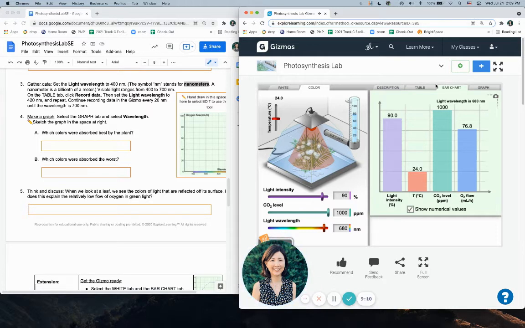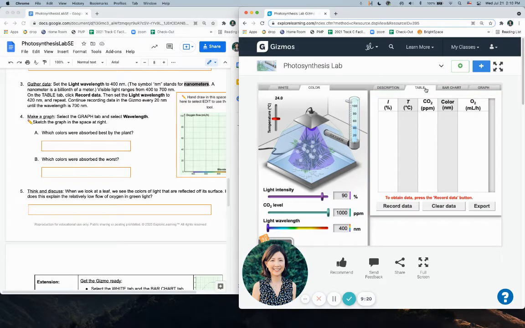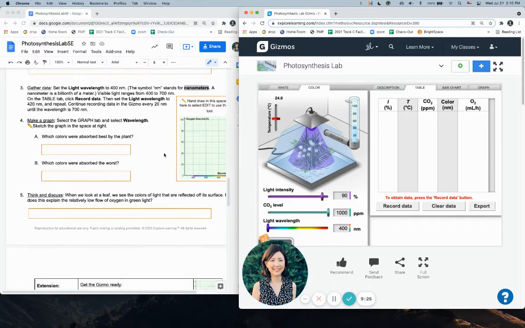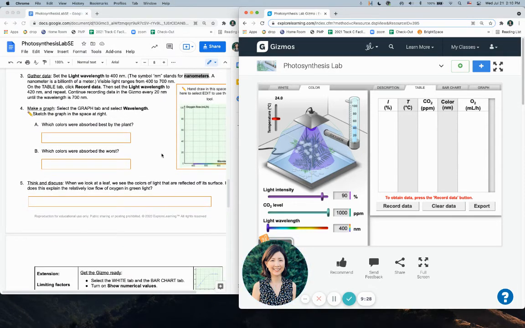Okay, so now we're going to gather some data. We're going to set it at 400. And then we're going to go ahead and record, go to the table. Do we need to change anything on the light intensity? I don't think so.